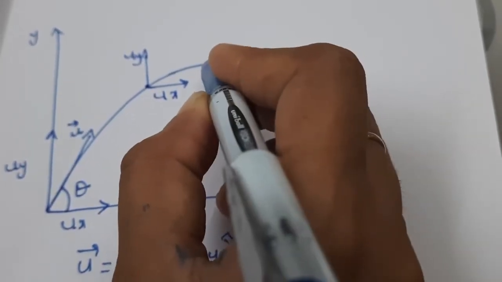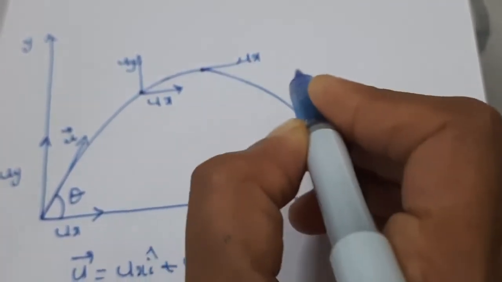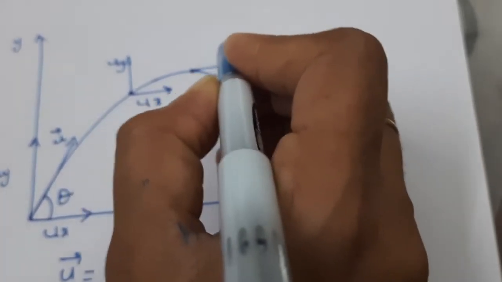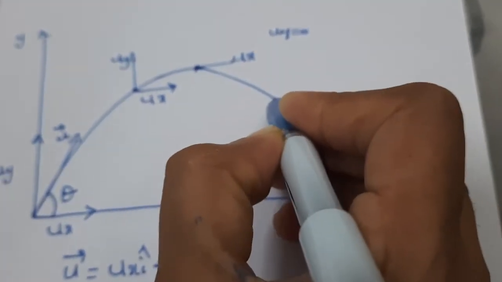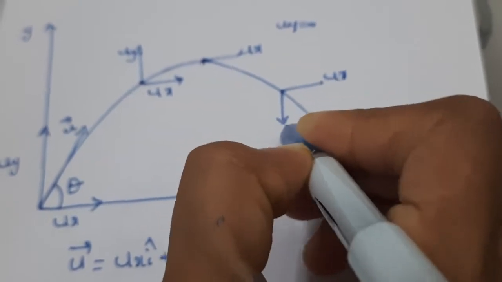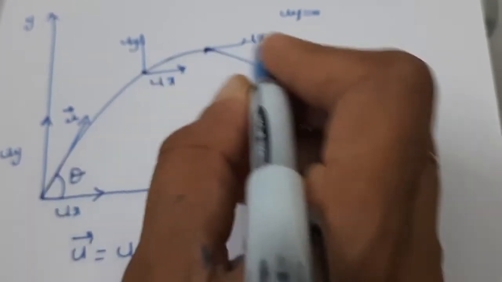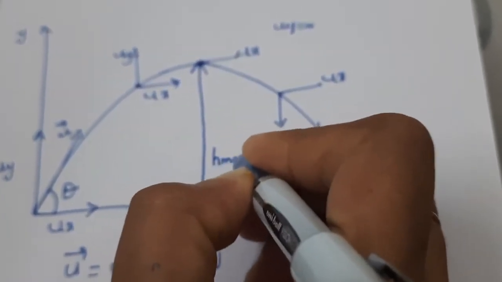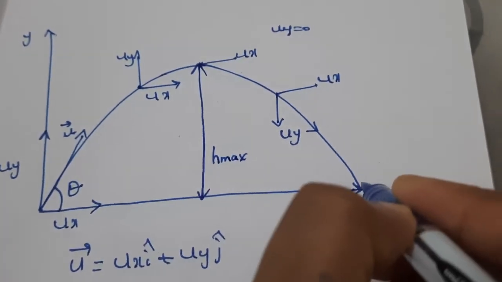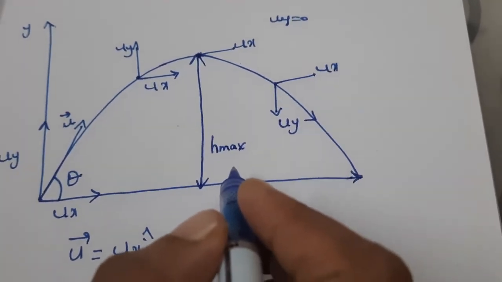At this point, it reaches the maximum height. Here, this is ux, and the uy value is equal to 0 at this point. And here, this is ux and this is uy. So this is the path of the projectile. This we can consider as the maximum height, h max. This is the graphical representation of an angular projection.